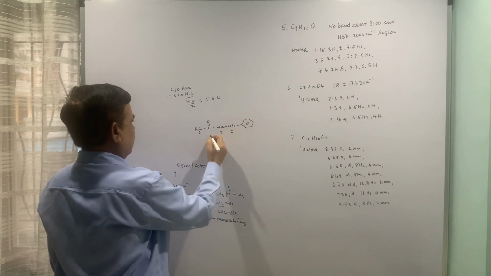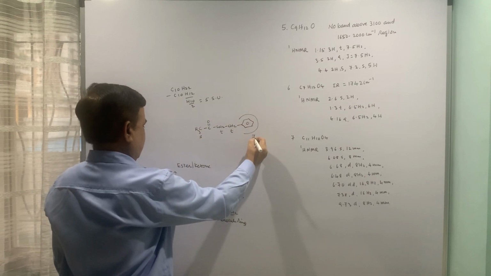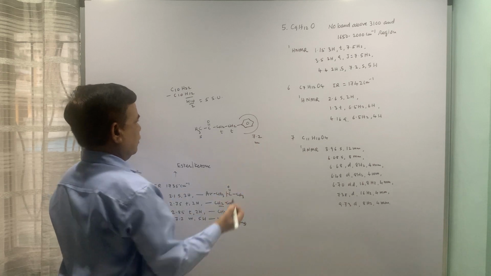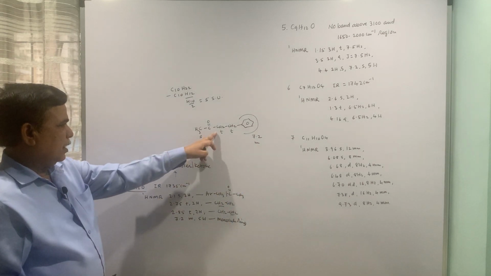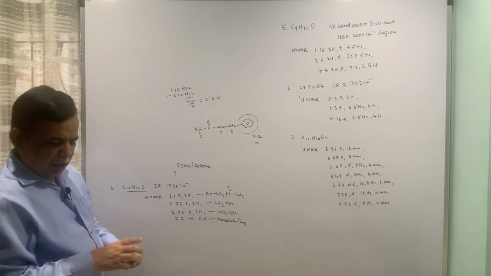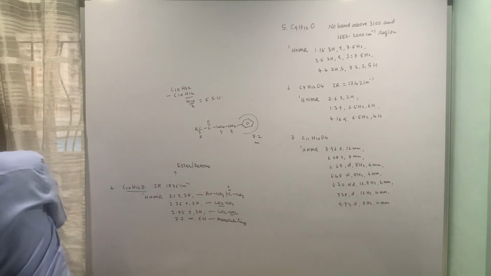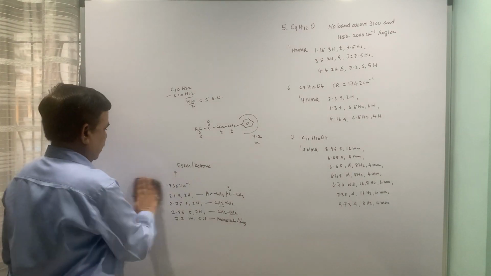Triplet, triplet, singlet, and everything else is the 7.2 multiplet. Amongst these two, 2.8 is this, 2.75 is this one. So they are mutually coupled. If the coupling constant is given, it is fine. Nothing is given, still it is okay.